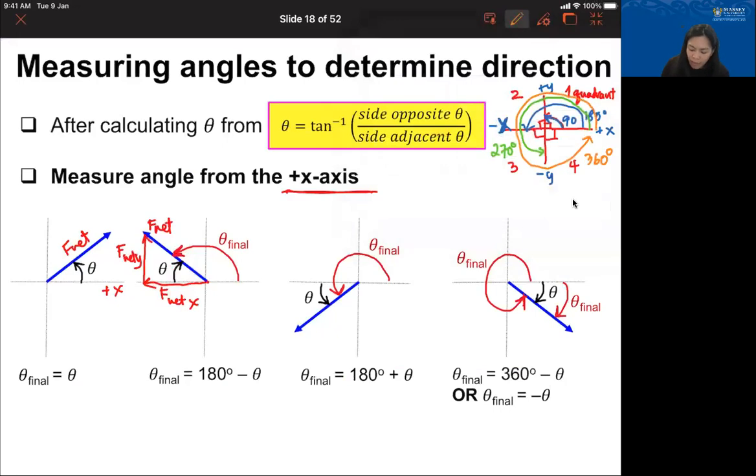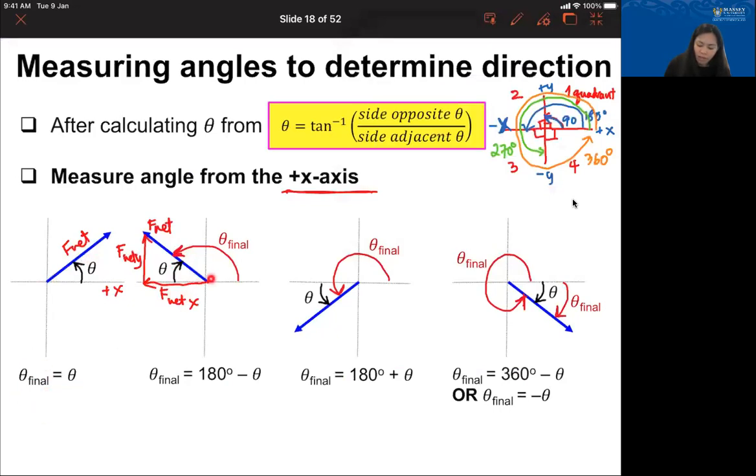Okay, and so yeah, going back now to finding the final direction. If your net force is in the first quadrant, then whatever angle you solve using this equation will be your final angle.